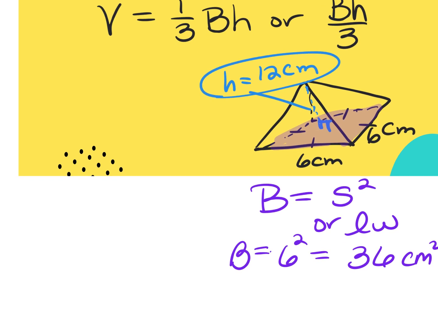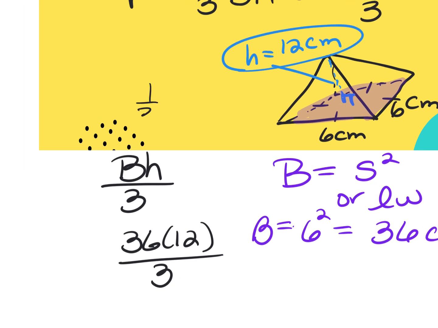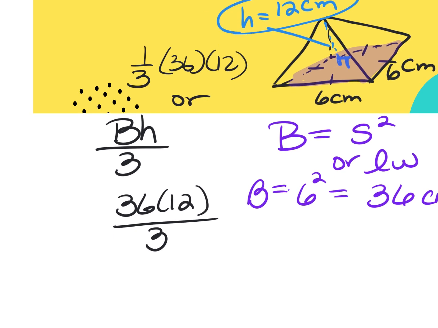So I'm doing base times height, divided by 3. So I'm going to do 36 times 12, and then divide it by 3. If you'd rather do the 1/3 times 36 times 12, you can do that as well. Once you multiply and divide, you're going to get the volume to be 144 centimeters cubed.